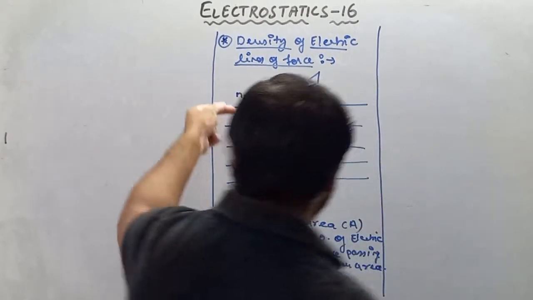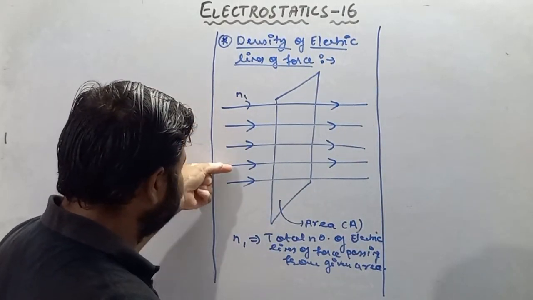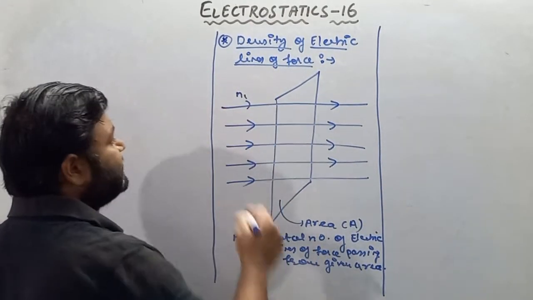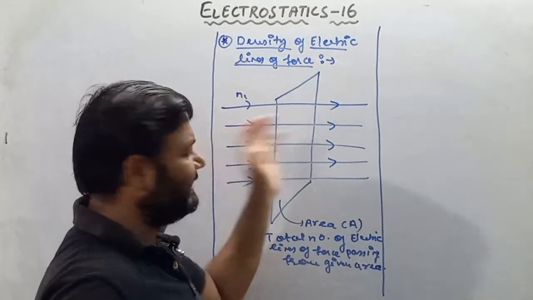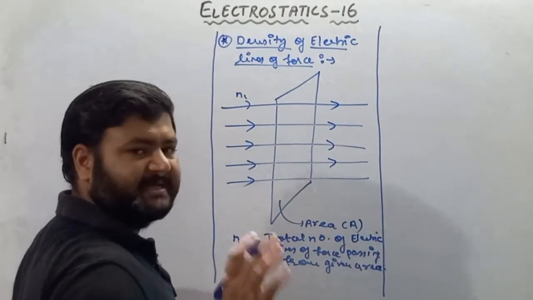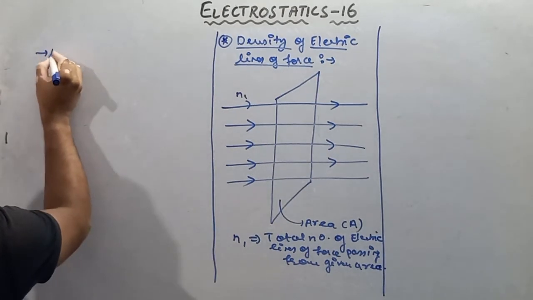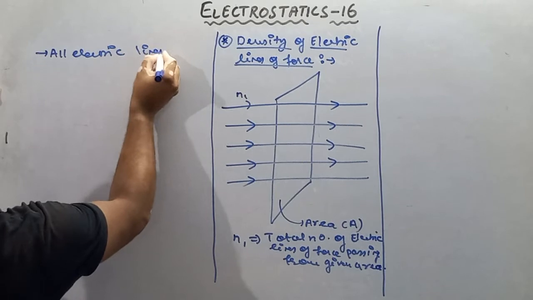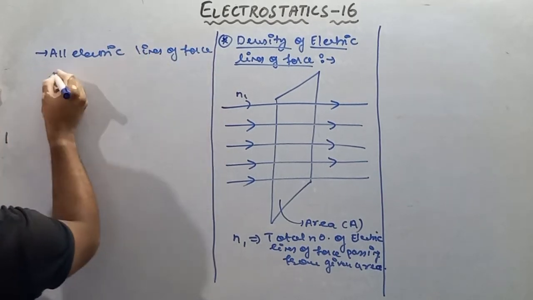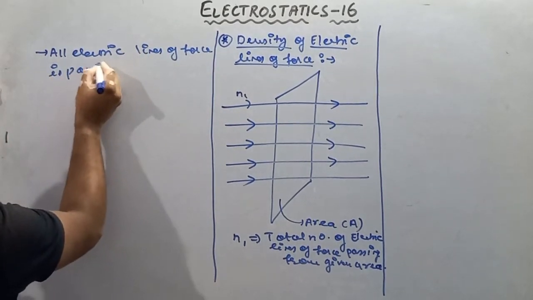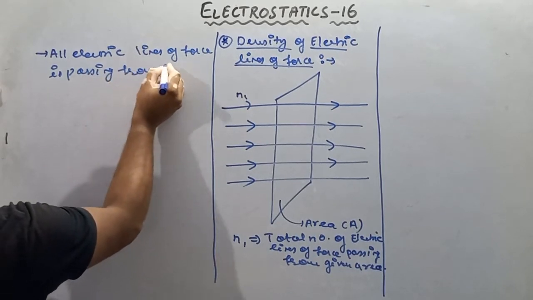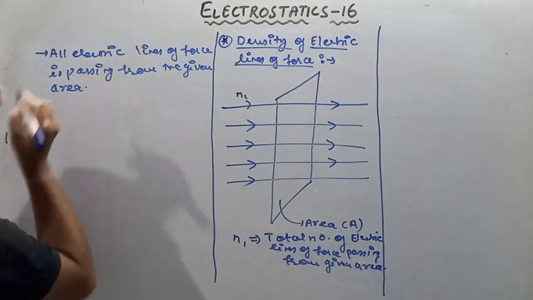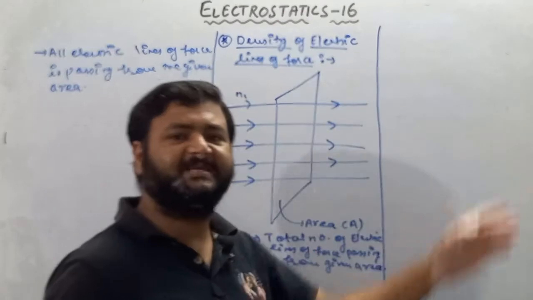As I count, 1, 2, 3, 4, 5, so the value of N1 is 5. All the electric lines of force are passing through this given area whose magnitude is A.